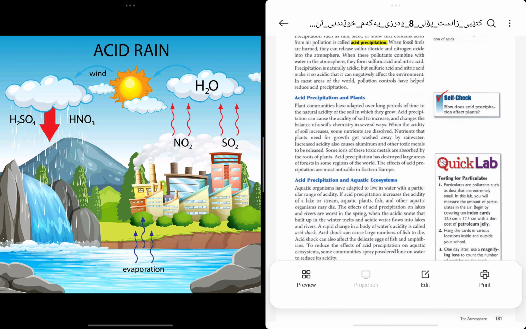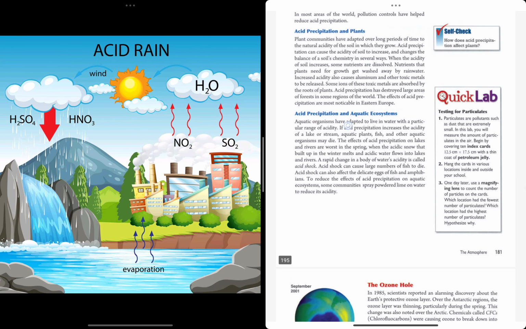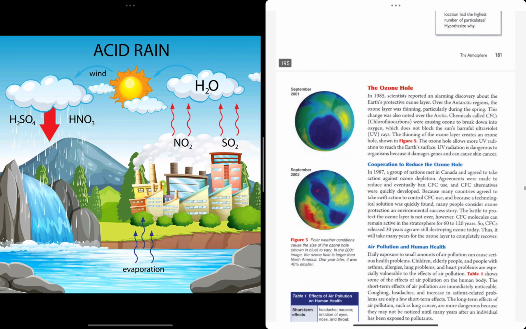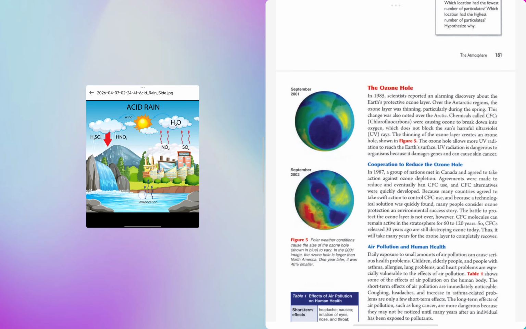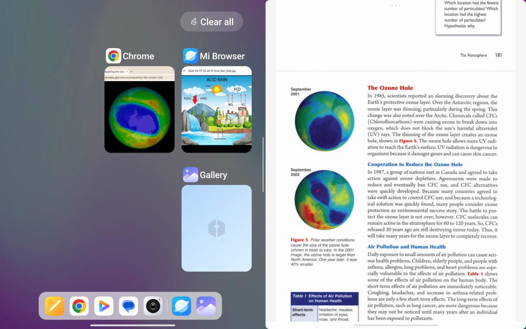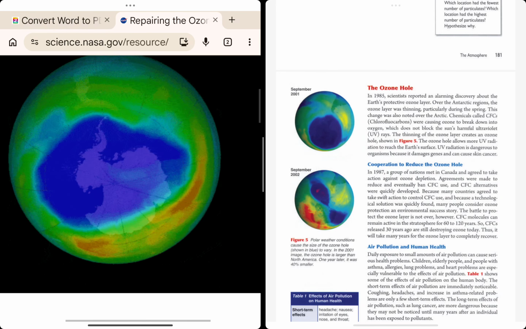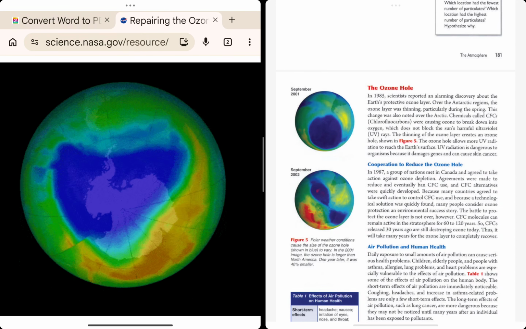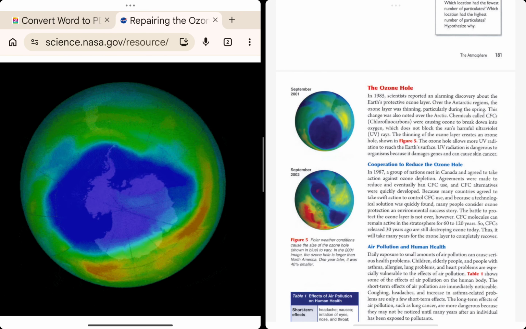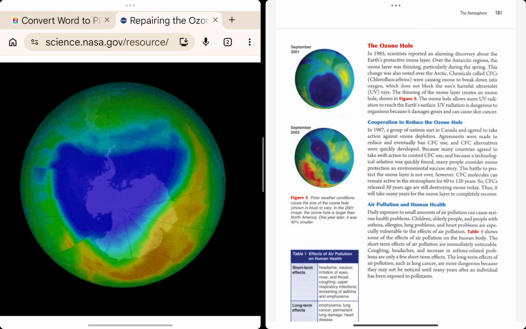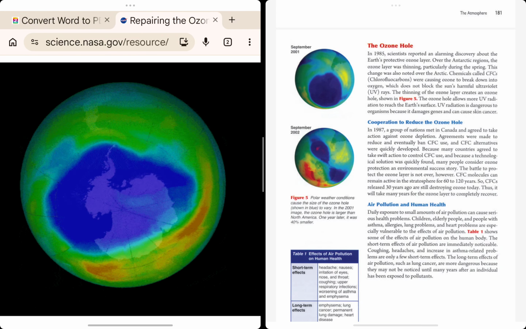Also, we are going to talk about the ozone hole. Before that, I would like to show you the actual footage of the ozone hole at the moment. This is from NASA. First of all, what is the ozone hole? We have to understand the ozone layer.